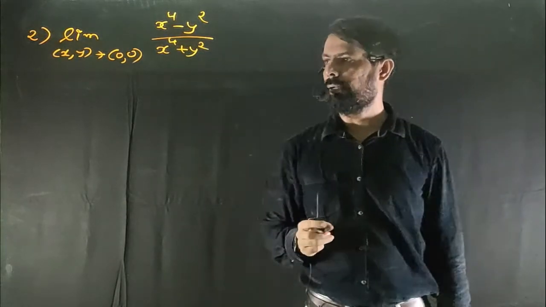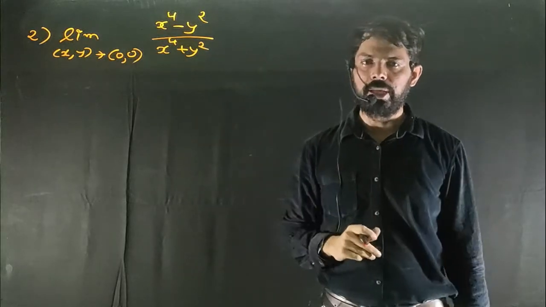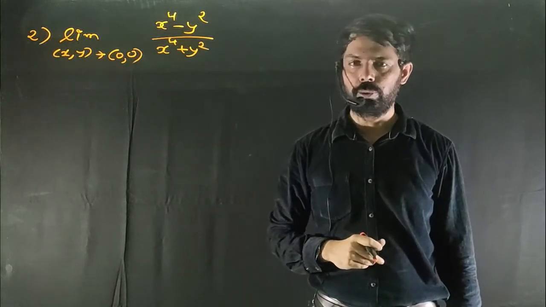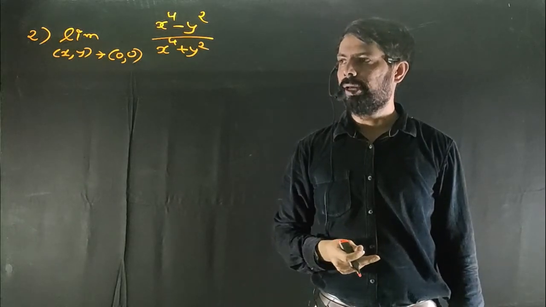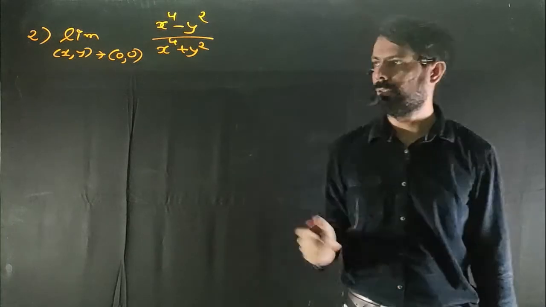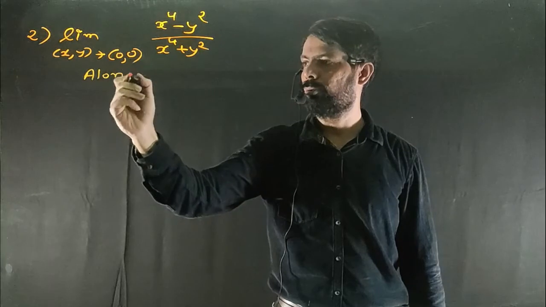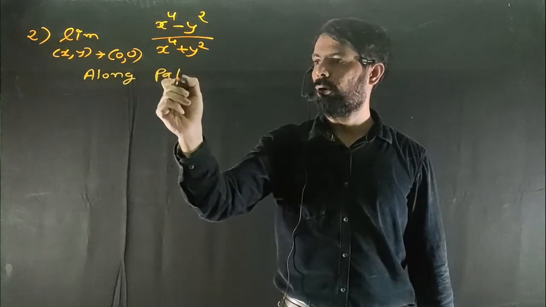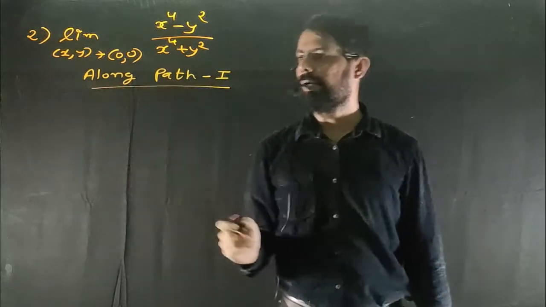Here if we replace x by 0 and y by 0, then the denominator will become 0. Whenever the denominator becomes 0, we will have to solve the limit by taking different paths. So first of all we will take path 1, the limit along path 1.